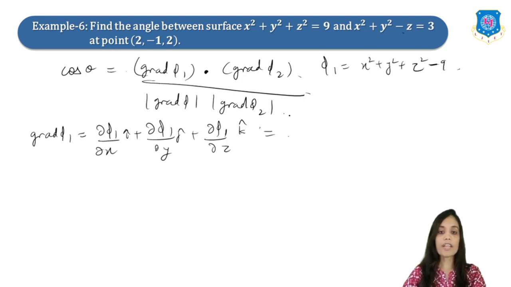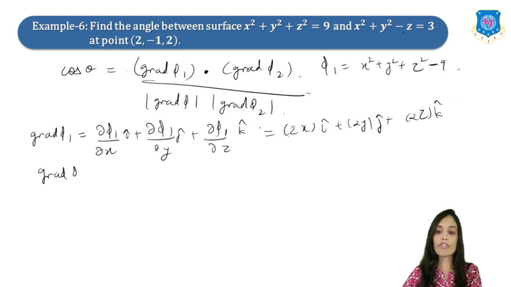The answer of the partial derivatives will be 2x, 2y and 2z. So now put the point (2, -1, 2). So gradient of phi 1 at (2, -1, 2) will be, if I put x as 2, y as minus 1, z as 2, 4 i cap minus 2 j cap plus 4 k cap, right? So this is your first answer.